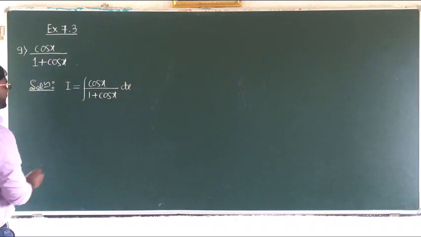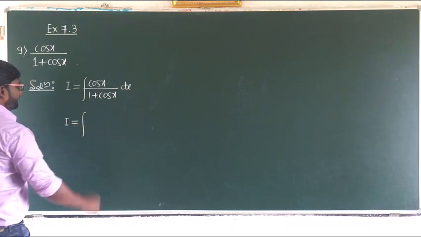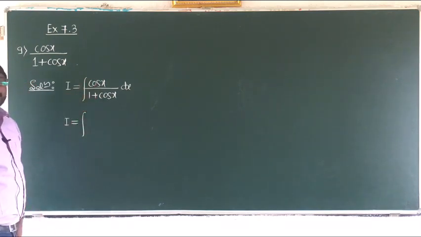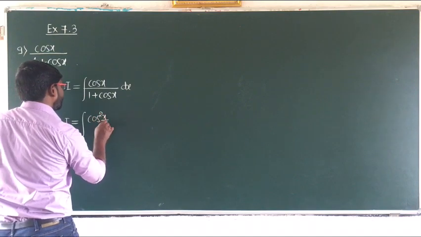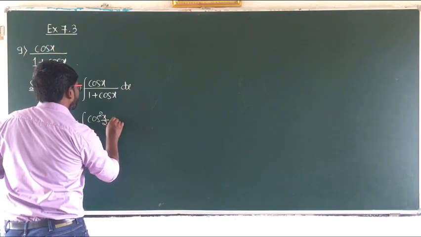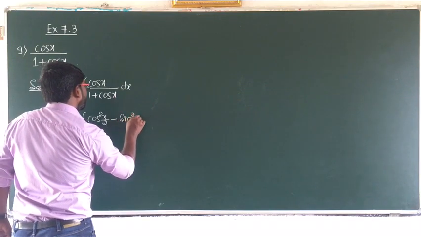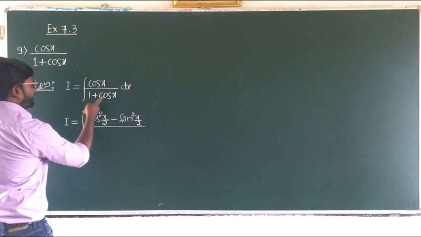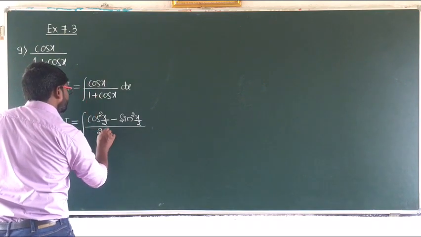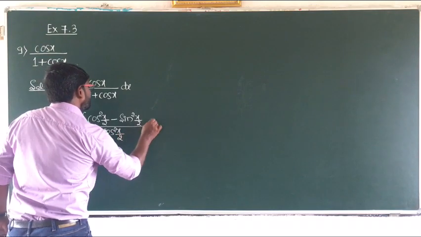So now see here, I is equals to integral cos x can be written as cos square x by 2, by making use of half angle, minus sin square x by 2, then whole divided by 1 plus cos x can be written as 2 cos square x by 2 dx.